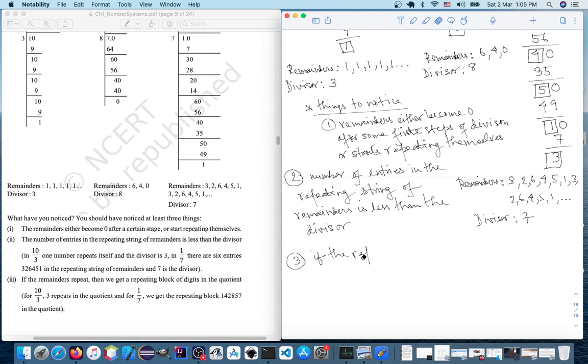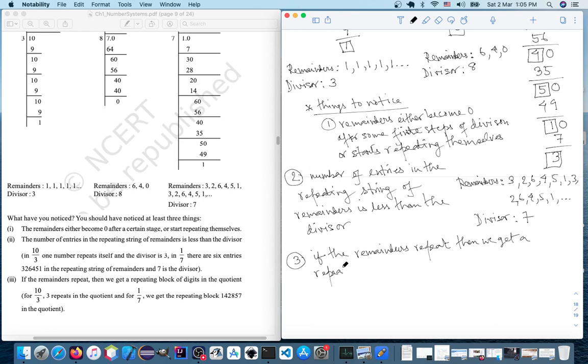If the remainders repeat, then we get a repeating block of digits in the quotient.